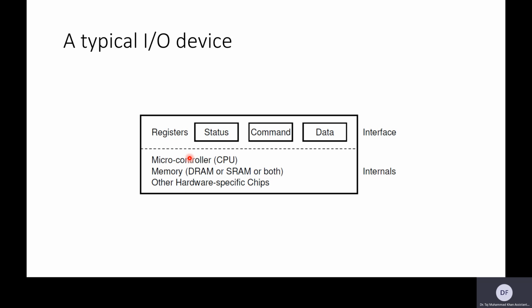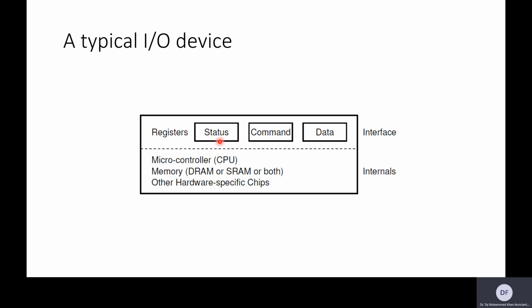So the device can be anything. It can have any hardware, controllers, RAM, any chips, etc., but that depends on the working of the device. The device will internally perform its work, but to communicate with the CPU or the computing system, it will use this interface, a set of registers through which data will be exchanged between the CPU and that device.